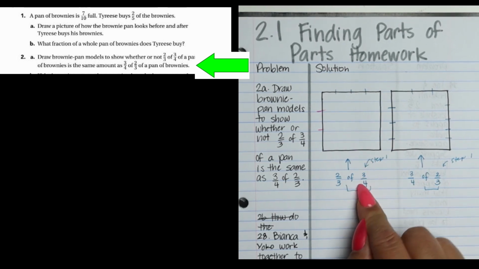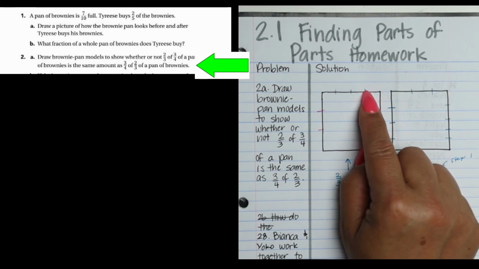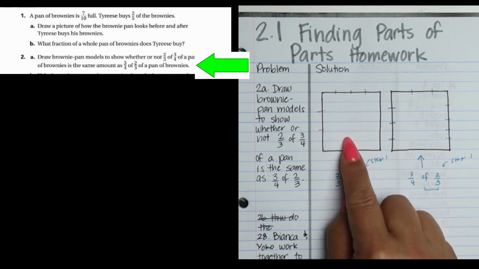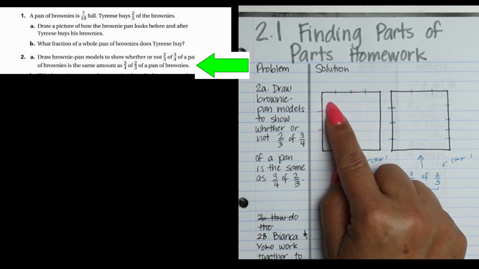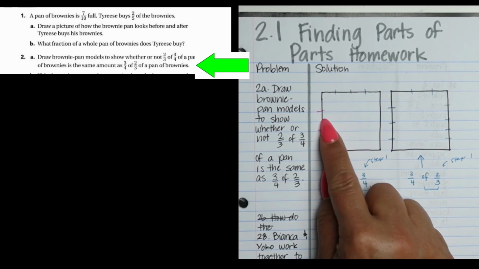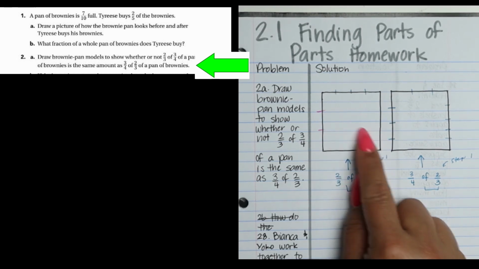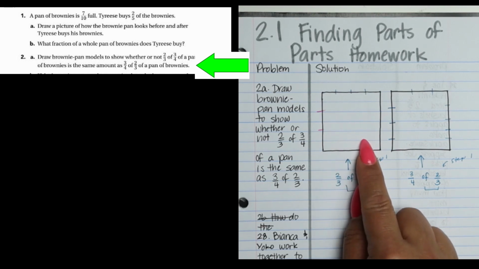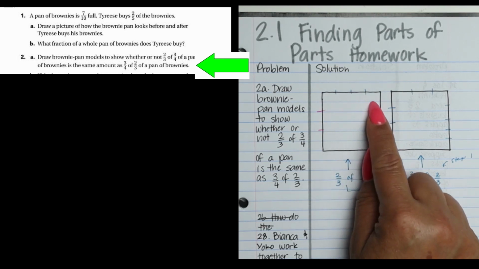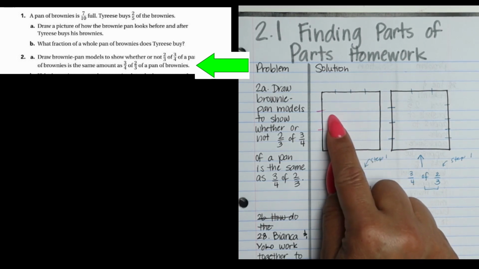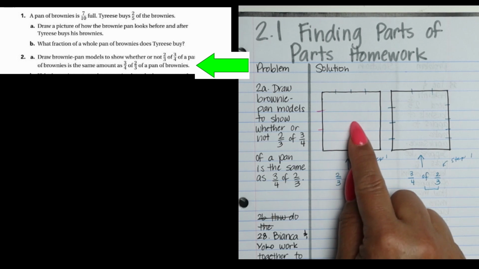So for this model, I want to find where 3/4 is, because that's what I start off with. So I marked my fourths, and I would draw my lines here and here, and then shade that in. And then my 2/3, I would divide this into thirds and shade the 2/3 in up until the 3/4. You should have empty spaces here, white boxes there, and these should be colored.